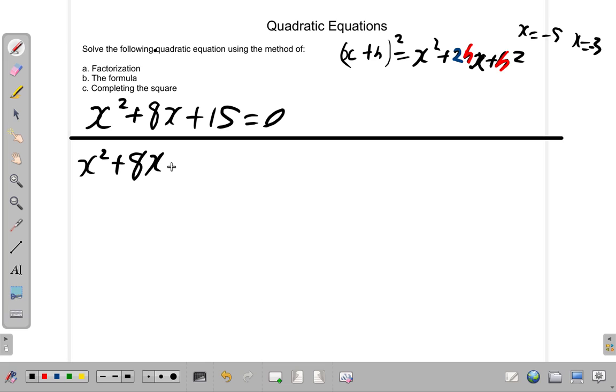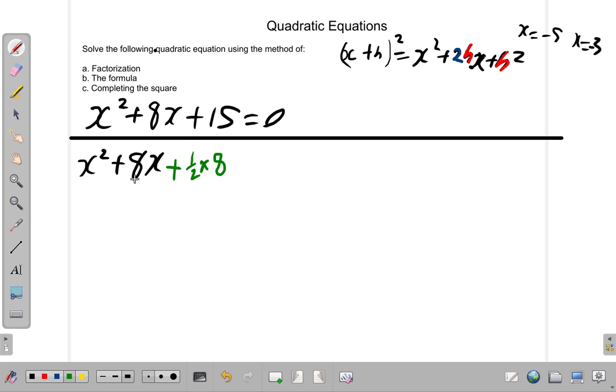Then you're going to add half the coefficient of x, half of 8, because 8 is what multiplies x.